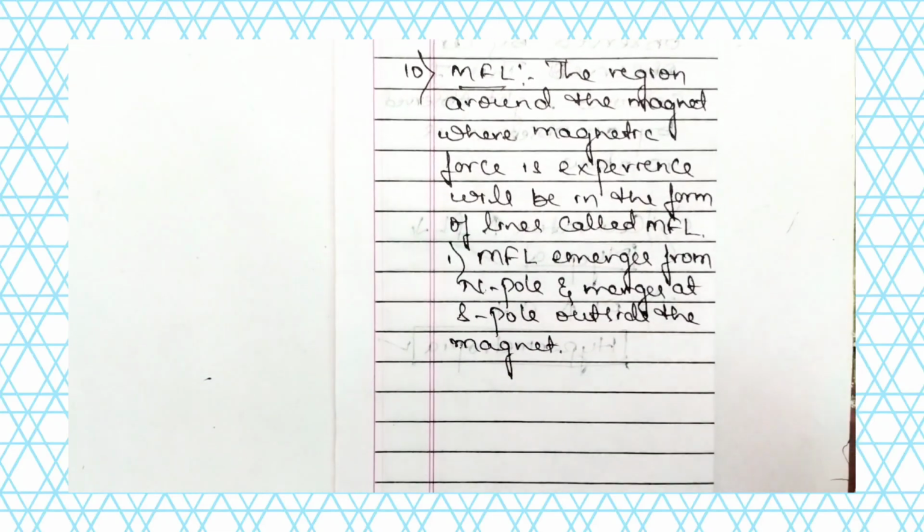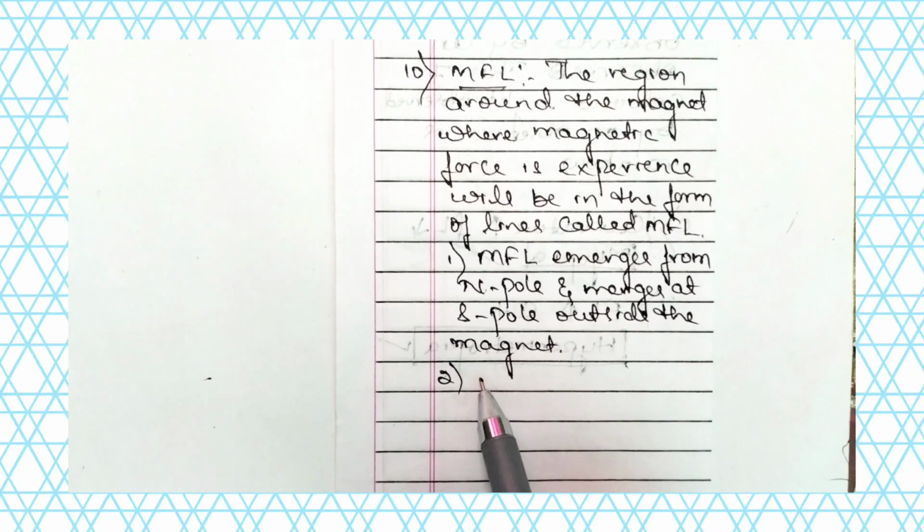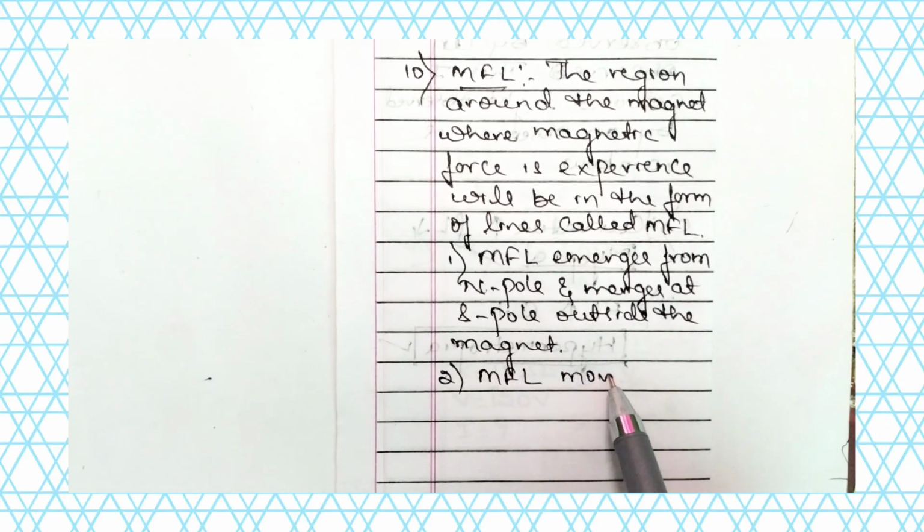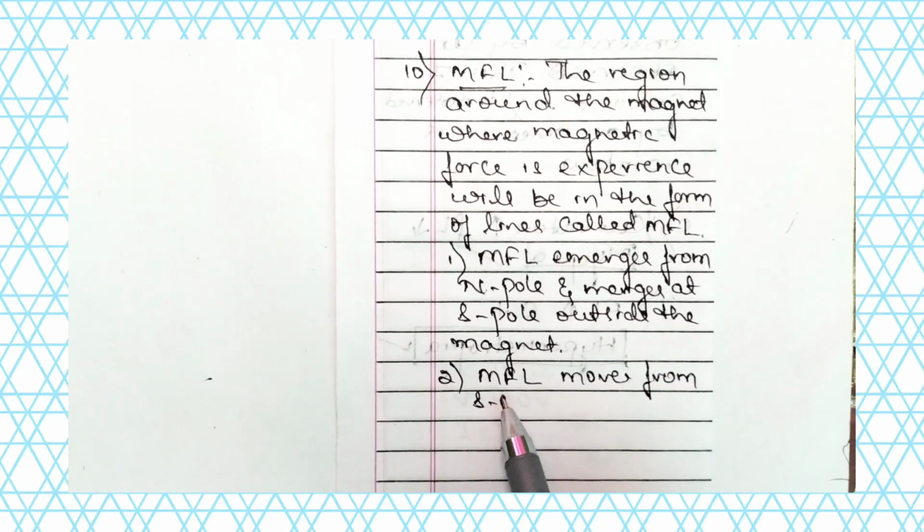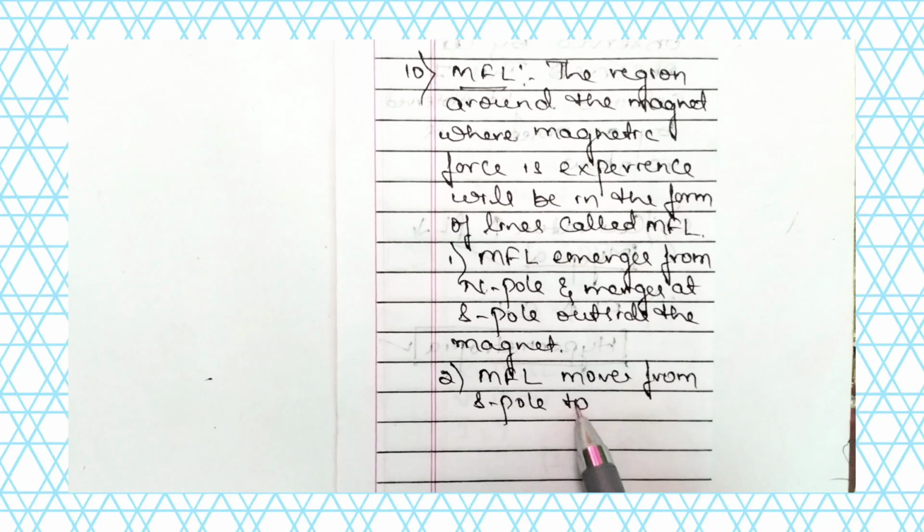This is the first property. Second property, magnetic field lines move from south pole to north pole inside the magnet.